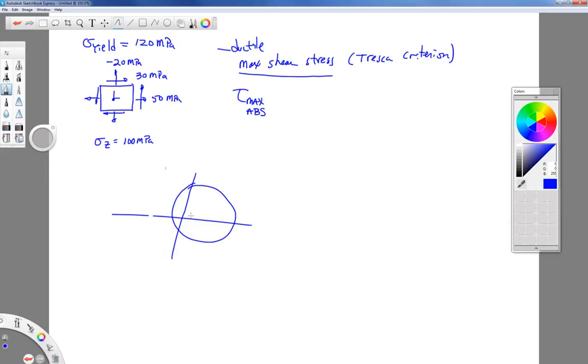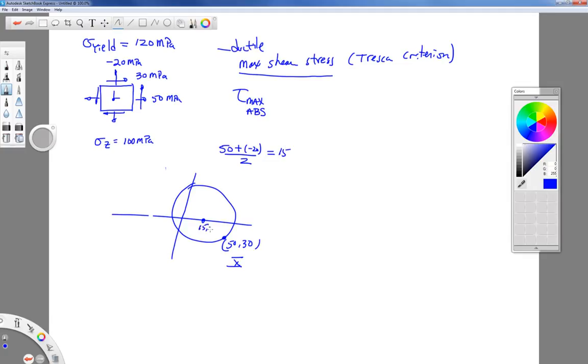We're going to plot our x point, which in this case is going to be 50, 30. Remember, positive tau was plotted downward. Center of our circle is at sigma average, 0. That would be 50 plus negative 20 over 2. That's 30 over 2. That's 15.